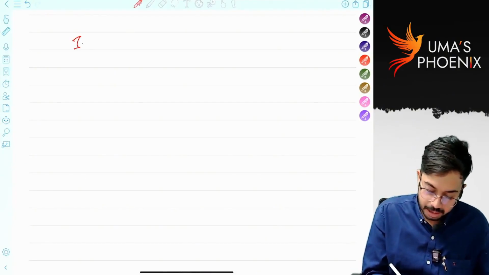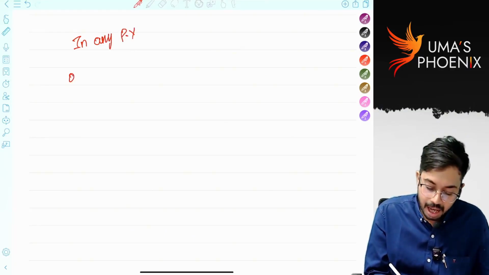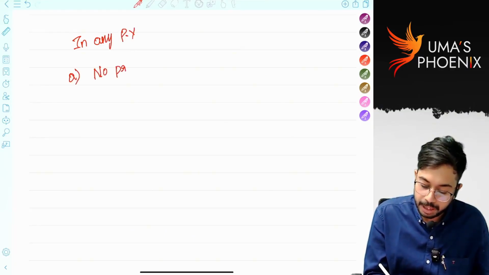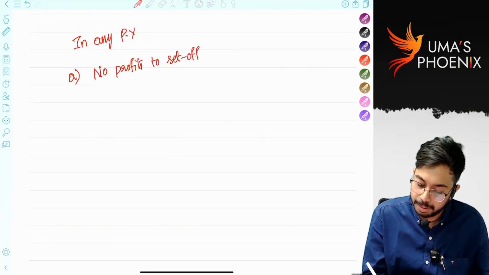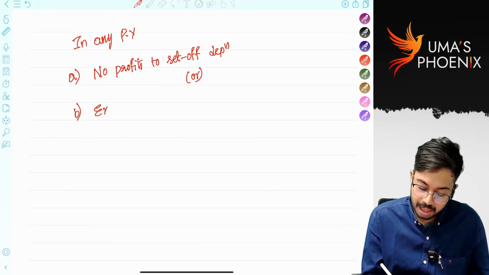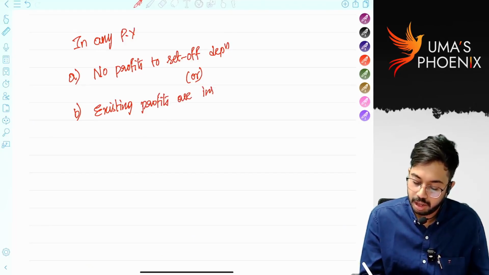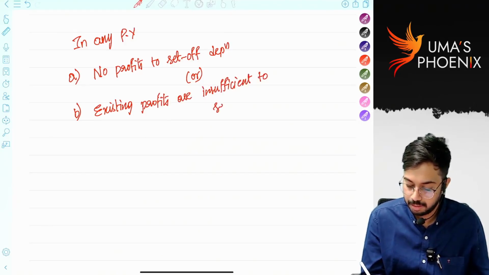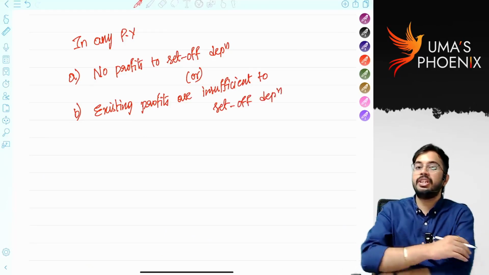In any previous year, if there are no profits to set off depreciation, or existing profits are insufficient to set off depreciation, then the concept of unabsorbed depreciation will exist.